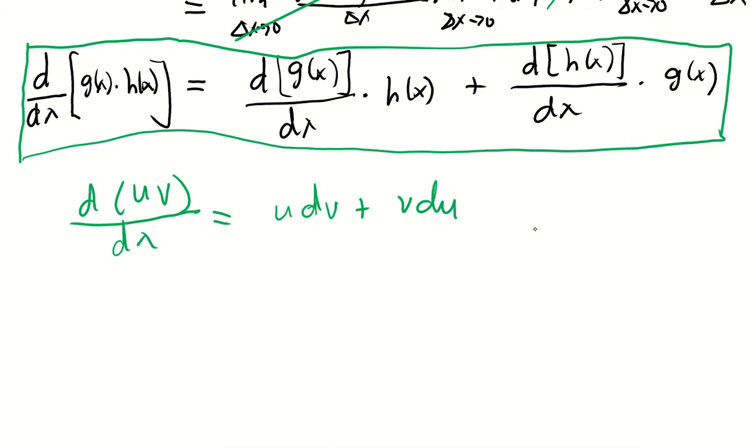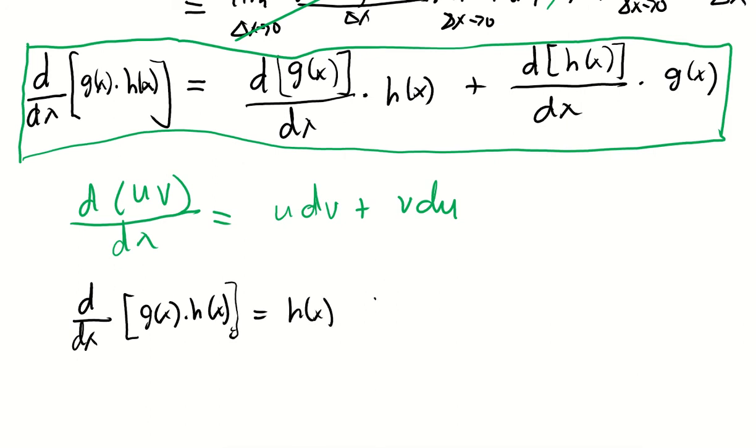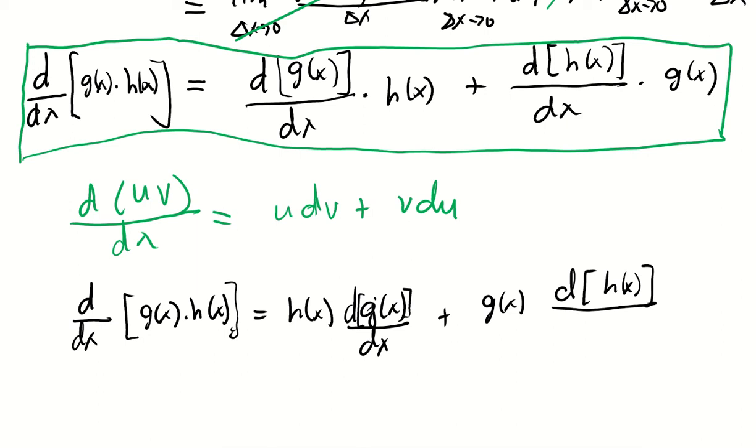So we can also rearrange our derived formula. This is the same: h of x times the derivative of g of x with respect to x, then plus g of x times the derivative of h of x with respect to x.